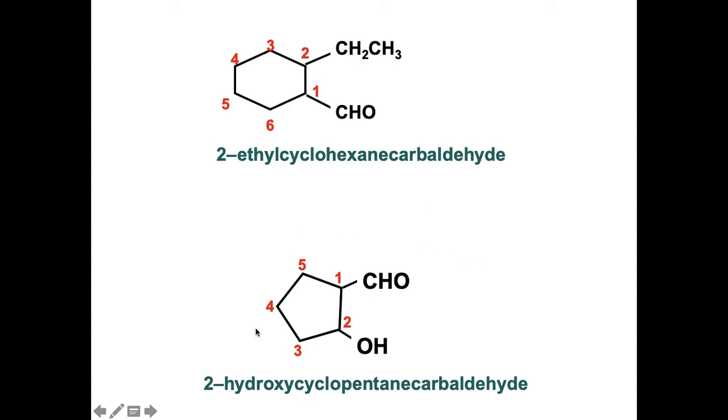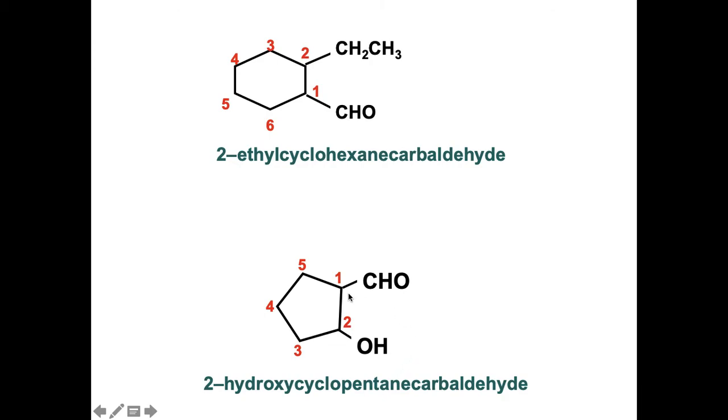If you refer to this compound, you will notice that there are two different functional groups, which are carbonyl and hydroxyl. If you refer to the priority table of functional groups, carbonyl has higher priority than hydroxyl, so carbonyl will be the parent instead of hydroxyl.